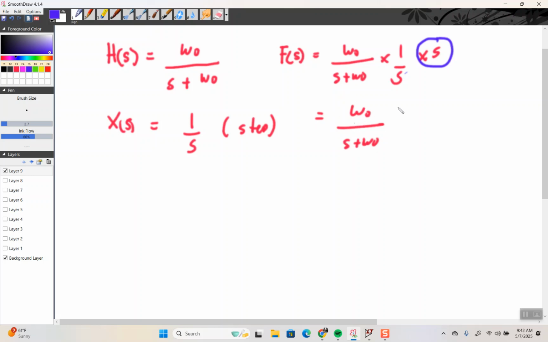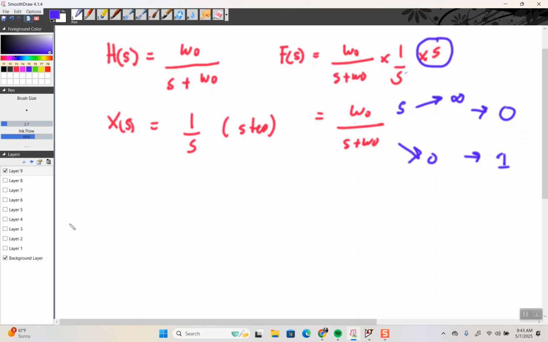But what I like is you kind of get back the original function, right? And let's say s goes to infinity. This gets much, much bigger, and it swamps out that term and drives that term to 0. Okay. S goes to 0, we get omega naught divided by omega naught, and it goes to 1.